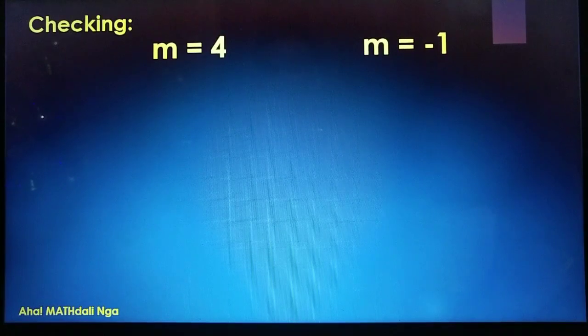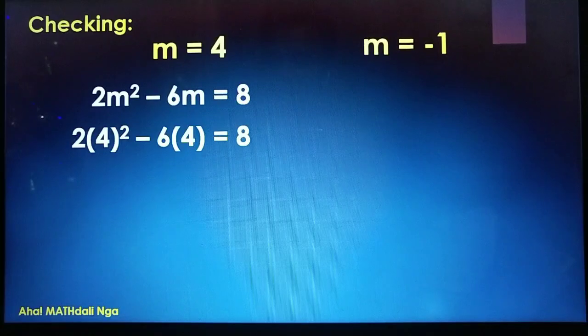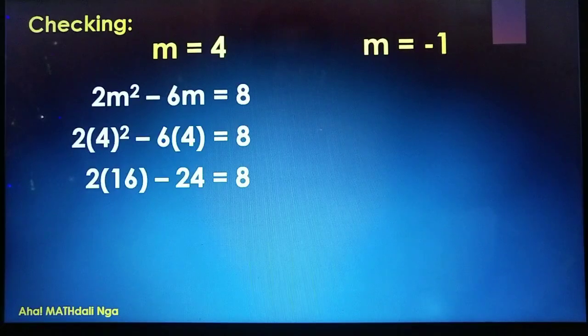Again, the values of our m are positive 4 and negative 1. We will substitute these values to the given quadratic equation. Let's start with positive 4. 2m squared minus 6m equals 8. By substitution, we have 2 times the square of 4 minus 6 times 4 equals positive 8. Let's simplify. The square of 4 is 16.